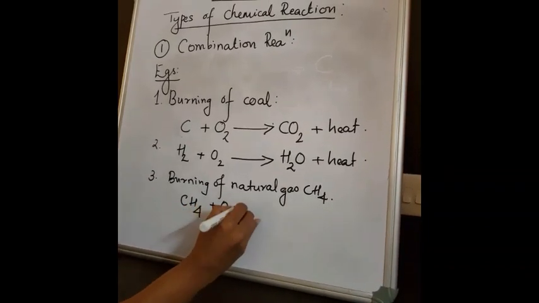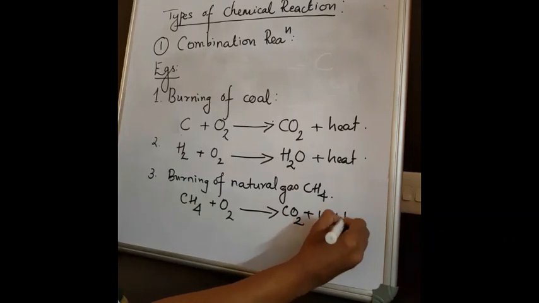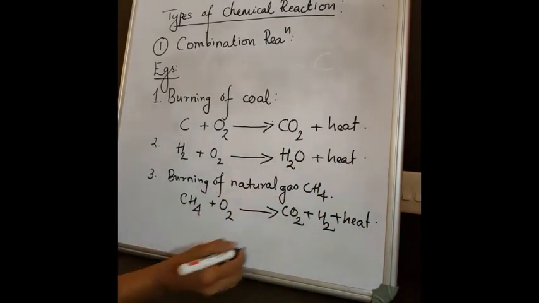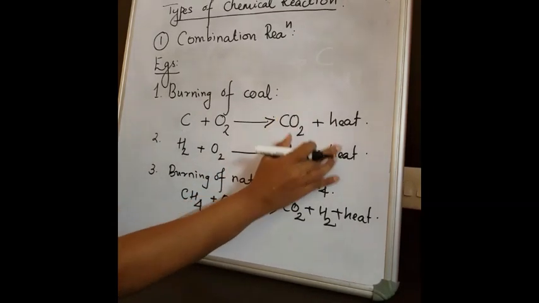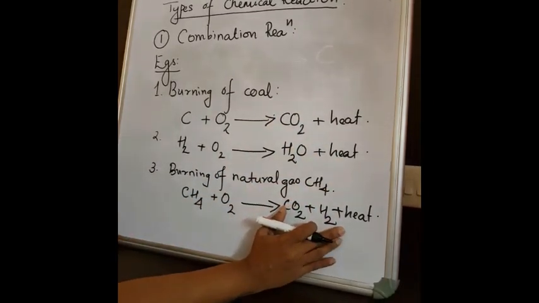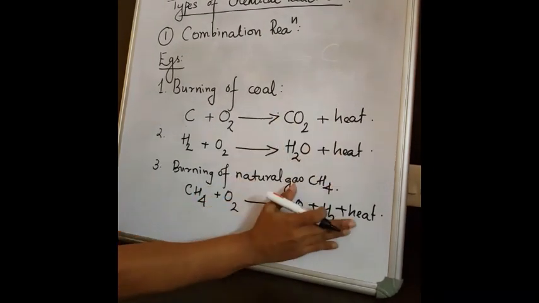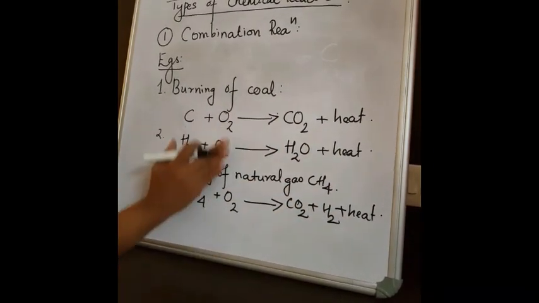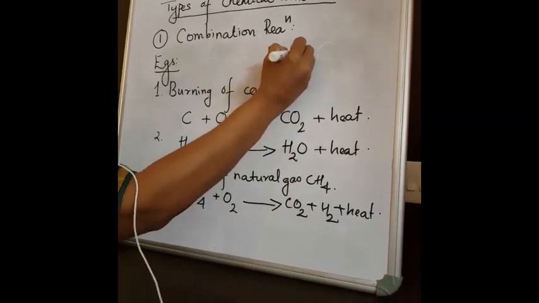Now, burning of natural gas also gives carbon dioxide plus hydrogen plus heat. See? What do you observe in all these combination reactions? You see, heat is produced in these reactions. Okay. Now, since heat is produced in the reaction, these types of reactions we call exothermic reactions.